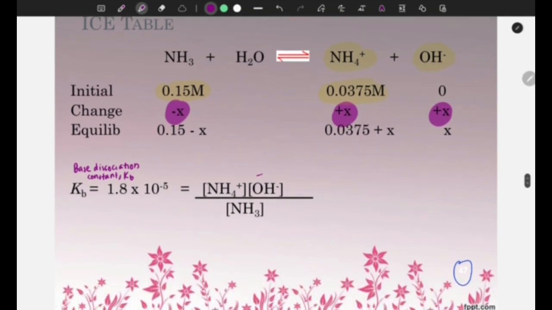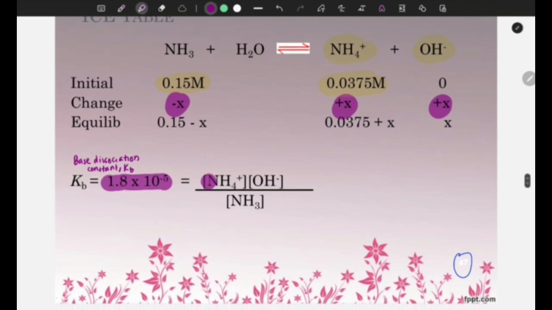And then the base dissociation constant is already given. It was 1.8 times 10 to the power negative 5, and then we can use the dissociation expression to make a Kb equation, which is NH4 plus times OH minus over NH3.